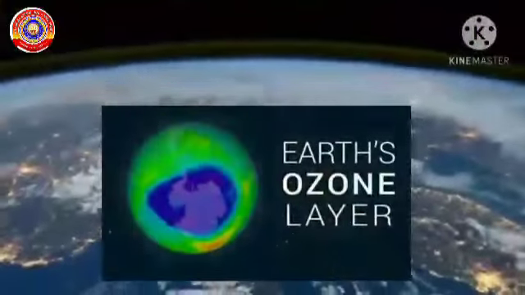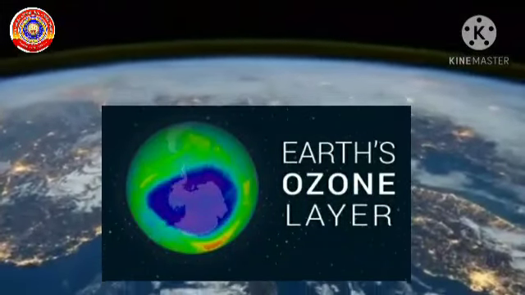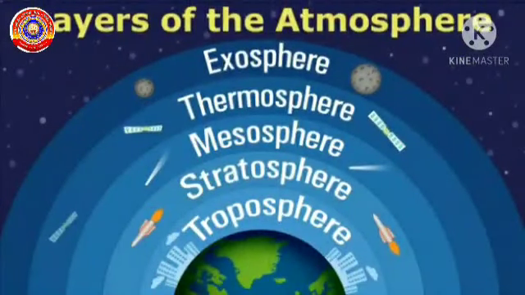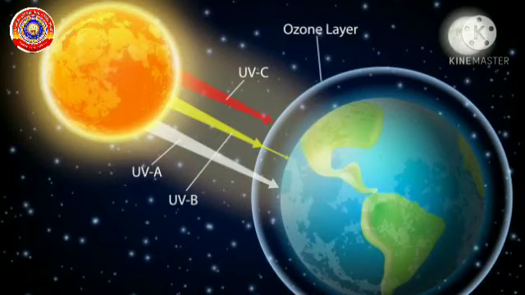Alright students, hope you understood that life is not possible on Earth without the ozone layer. It is found in the stratosphere layer of atmosphere. It protects life on Earth by absorbing the sun's harmful UV radiations. So, it is also known as ozone shield.